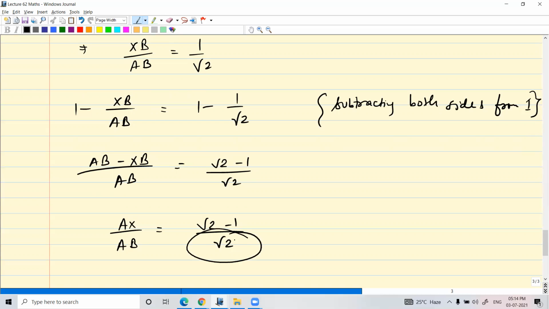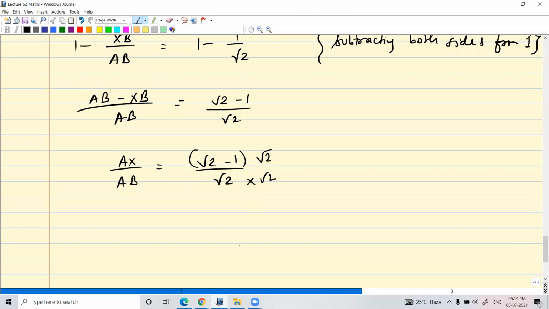Normally it is a good practice to rationalize the denominator. So let's do that. Multiply this whole thing with root 2 by root 2, but you can leave it like this also. Still, that is the right answer. So if I multiply this, what will happen?